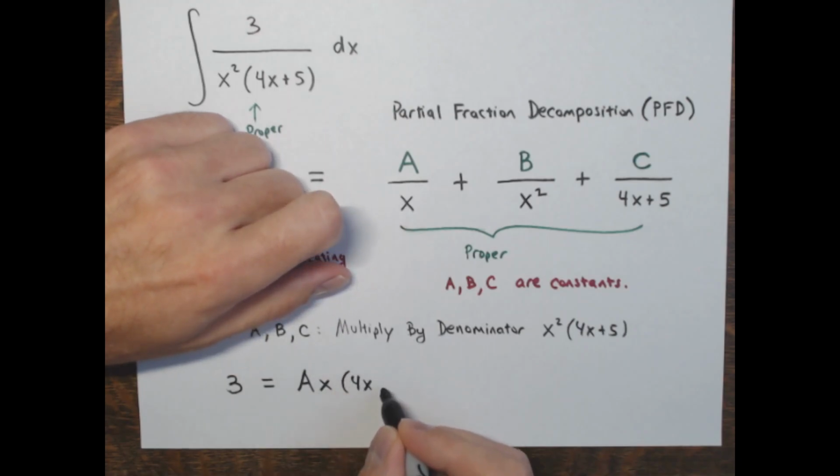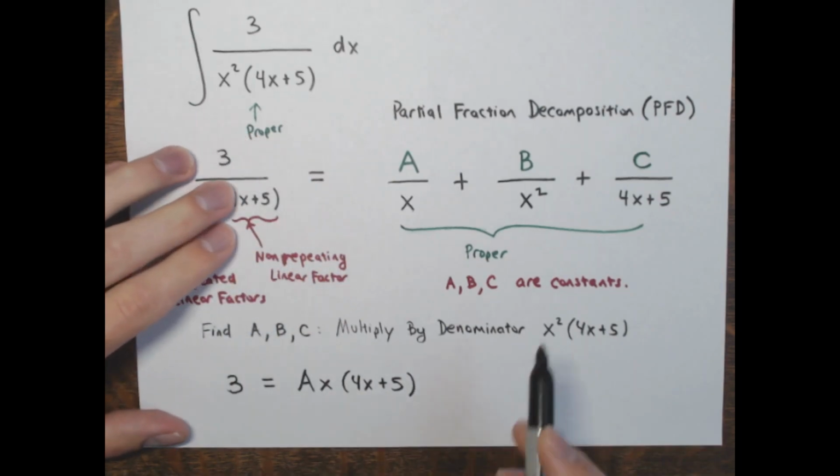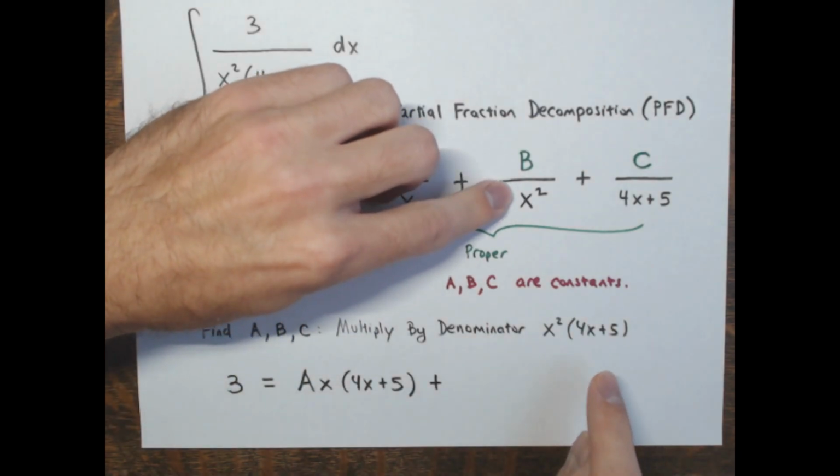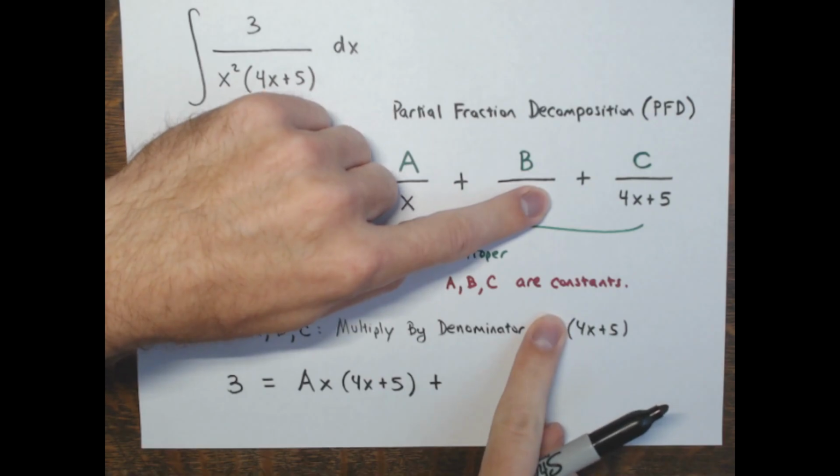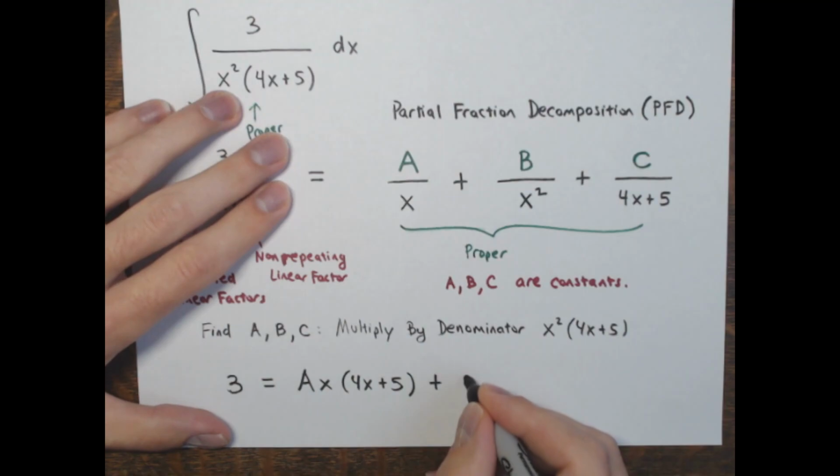And then plus, when I multiply the second fraction, the b over x squared by this, both x factors will cancel, and then I'll have b times the quantity 4x plus 5.